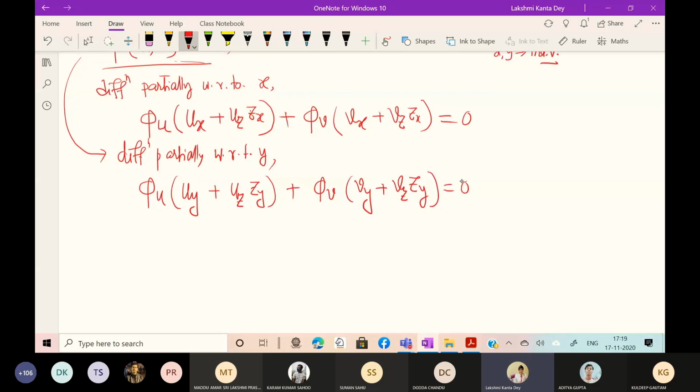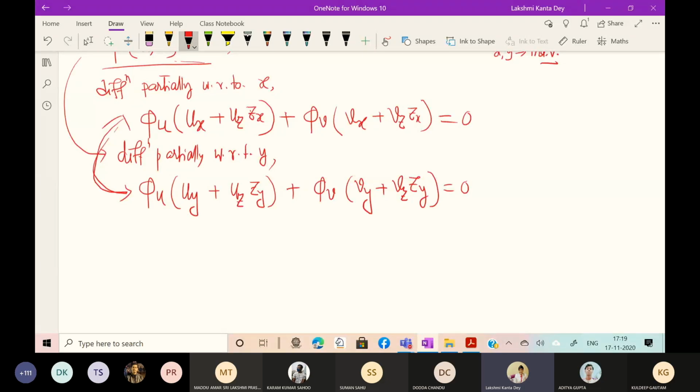equals 0. So from these two equations, we have to eliminate the arbitrary function phi, and then we will arrive at a first order partial differential equation, just by eliminating an arbitrary function phi. Clear?